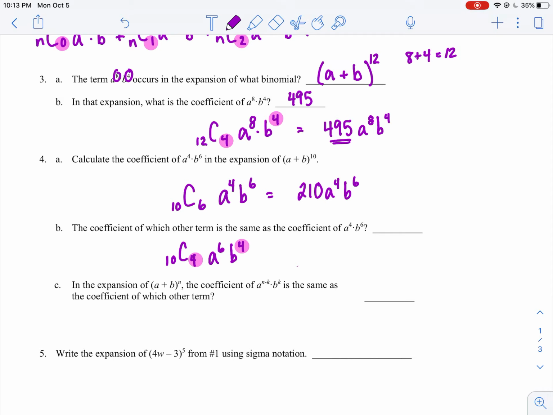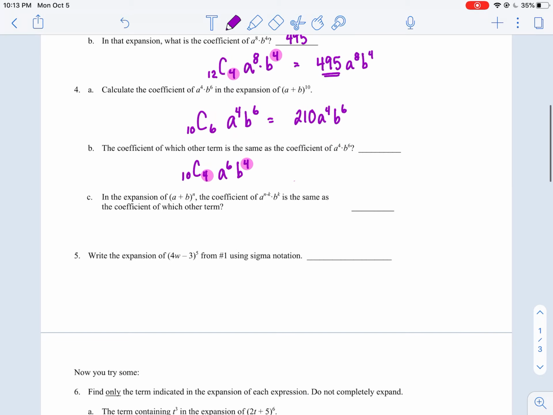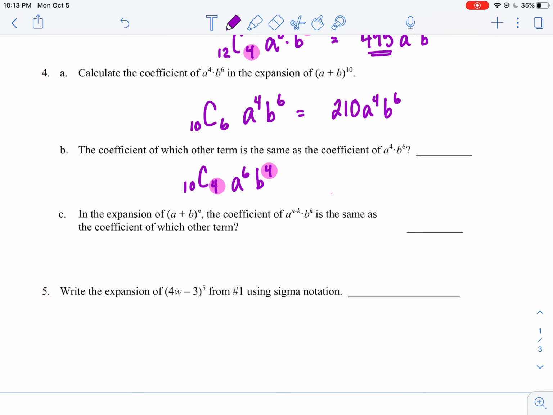So, all right. Finally, it says in the expansion of a plus b to the n, what is the coefficient of a to the n minus k, b to the k? So that's the same as some other term, right? So in other words, the Pascal number would be n choose k, a to the n minus k, b to the k, right? So the k's would match up.